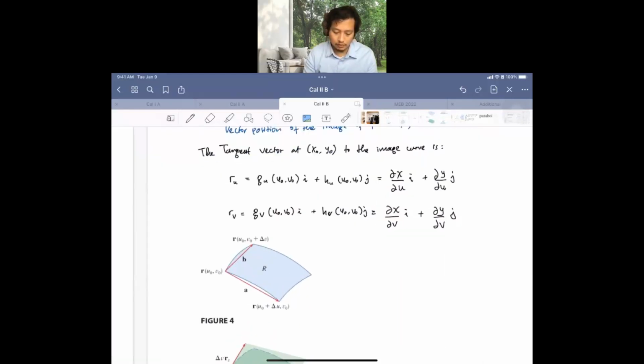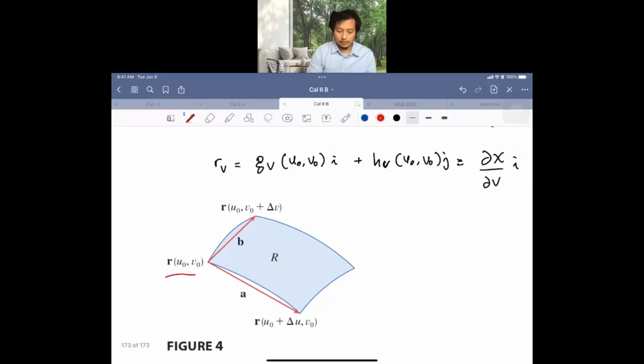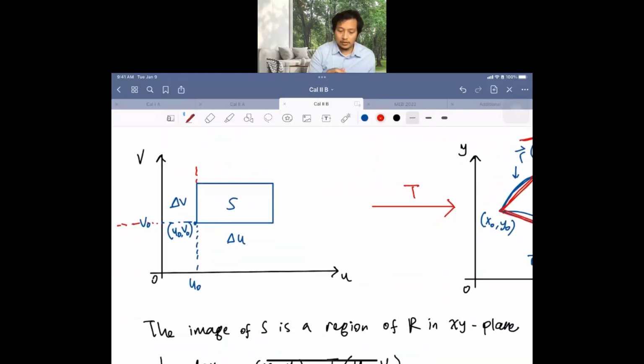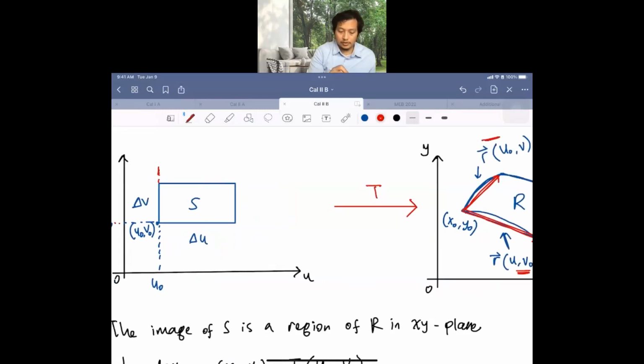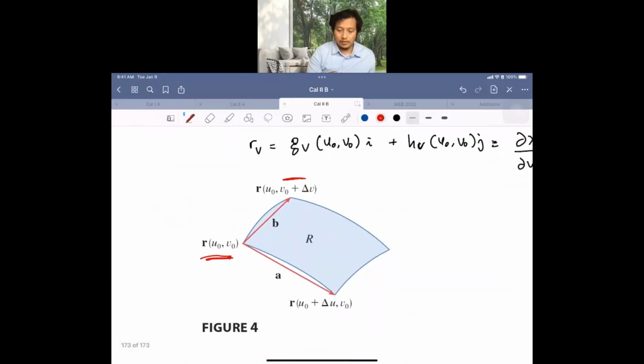Let's say this is our r, and this is our starting point. We could define a vector b as this vector position. It's changing this phi because it correlates with this phi here, and it's correlated with this u for this u0 and phi0. So we could say that phi0 plus delta phi and u0 plus delta u.